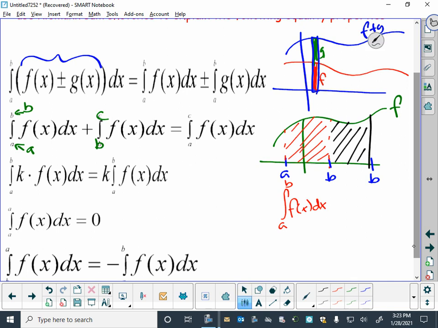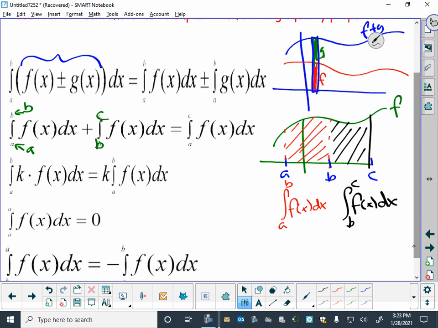And the black part over here is the definite integral from b to c of f of x dx. I made two b's, that second b should be a c.